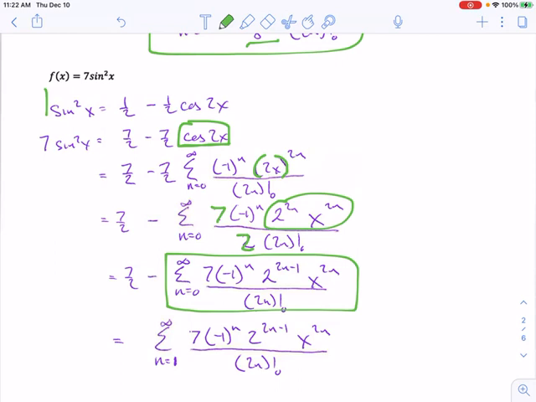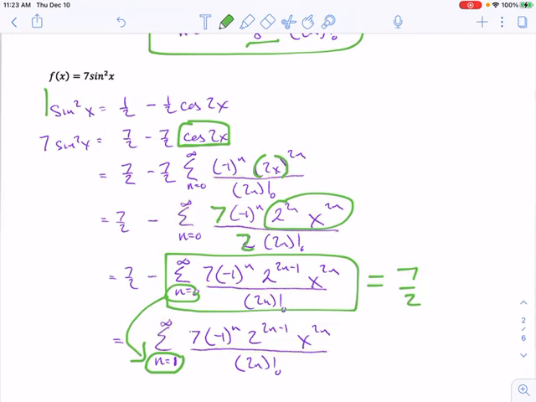And so the tricky part is, what about the 7/2 that's sticking out front here? Well, you're going to notice that the index starts at 1 down here, but it starts at 0 originally. And so if you change the index to 1, then the first term in this Maclaurin polynomial is going to be 7/2.